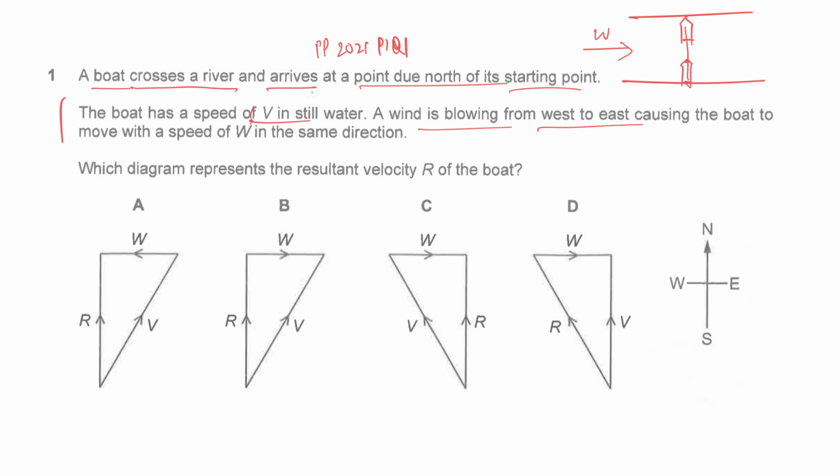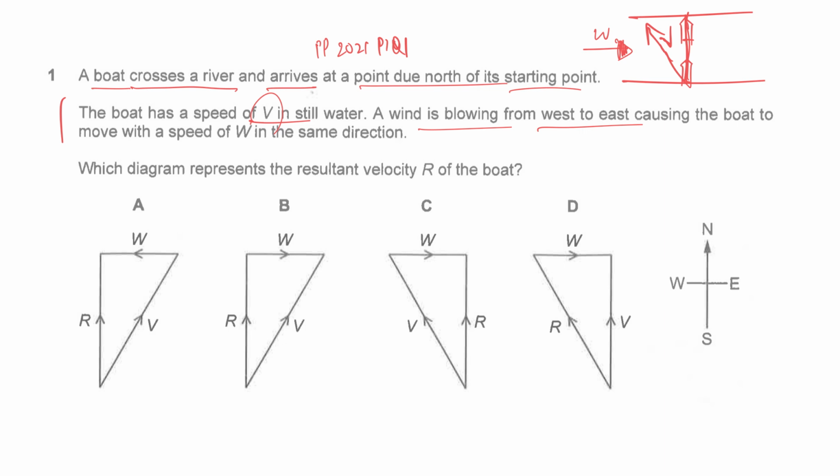But since there's a wind blowing you to the right, in order to counterbalance and still reach due north, the velocity of the boat has to be in this direction, somewhere northwest, in order to counter the wind, and then eventually you can end up in this position here, which is due north of your starting point.